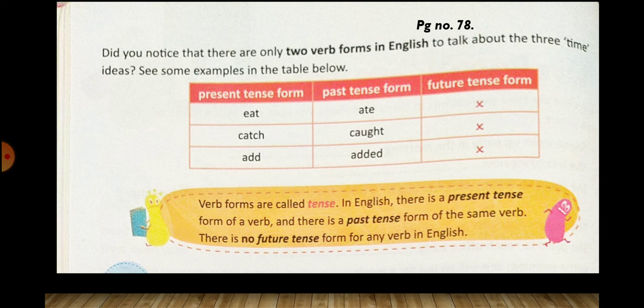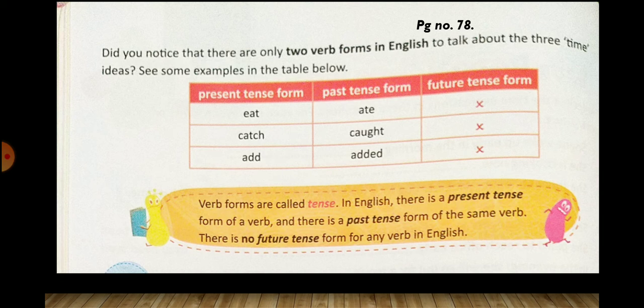When you check the examples given in the table, you will find that whenever we refer to the time, there are only 2 verb forms in English. We often make this mistake, so it is very important for us to understand. So see some examples in the table below.